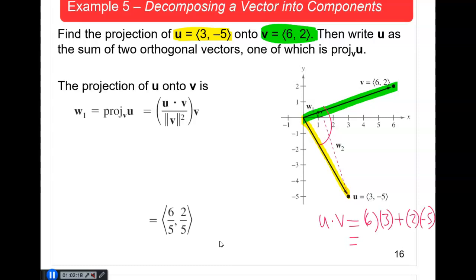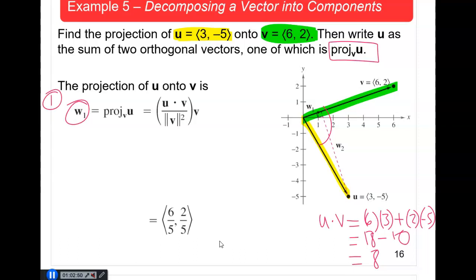And remember, we get one number only, a scalar. So this is 18 minus 10, which will equal 8. So that is the dot product. That tells me definitely for sure that u and v are not orthogonal. So then we have to do the hard work. We have to find the projection of u onto v, in other words, W sub 1. That's our first step.